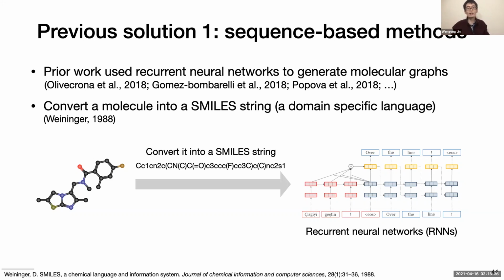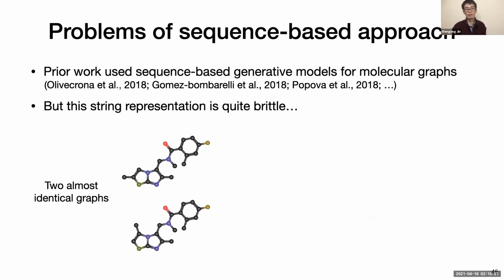And once you do that, you can just directly apply recurrent neural networks to generate molecules, right? This is a very standard technique that's widely used in natural language processing, and it's available in PyTorch or TensorFlow. It's very easy. But the problem is this string representation is quite brittle.